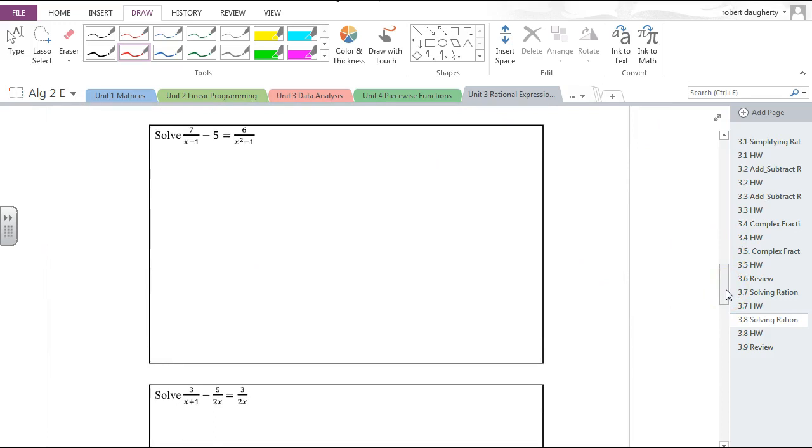Okay, look at this one. What is it you always want to do if you can? Starts with an F. Factor. Okay, is there anything here that can be factored? Yeah, the x squared minus 1 can be factored. So this problem turns into 7 over x minus 1 minus 5 equals 6 over x plus 1 times x minus 1.